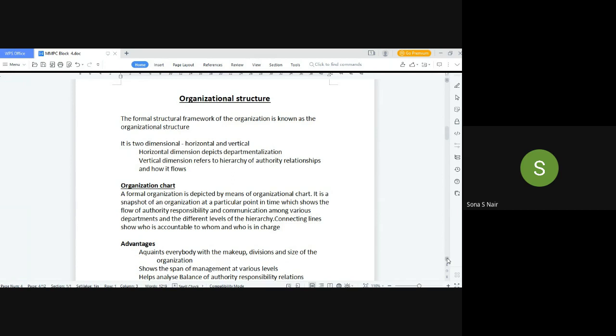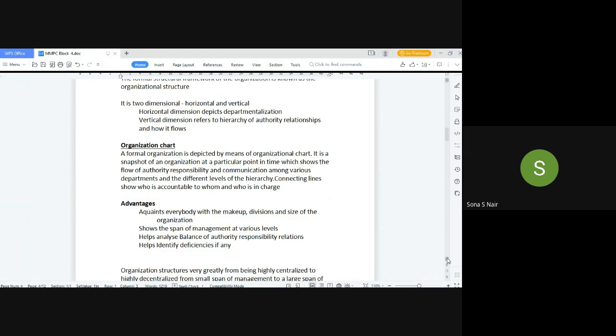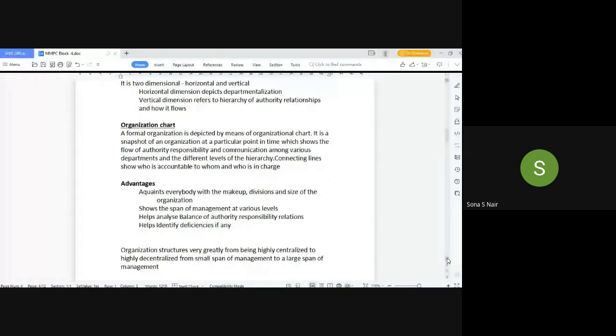All this is there in the organization chart. Having an organization chart helps everyone within and outside the organization to understand the size of the organization and what the working relationships are like.